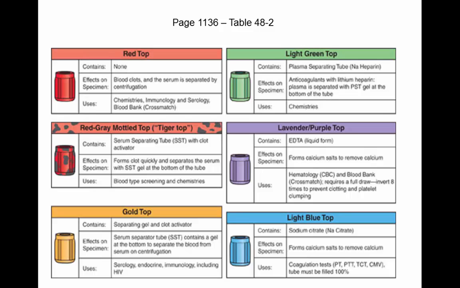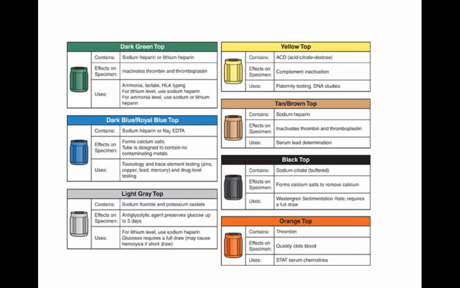The red-gray marbled top, or they call it a tiger top, has the serum separating tube, SST, with a clot activator. And then it goes down through, and each one of these tells you what it has and what effect it has on the specimen and what their uses are. So you want to make sure that you look those over and are familiar with those. So we have this page, and we have this page.